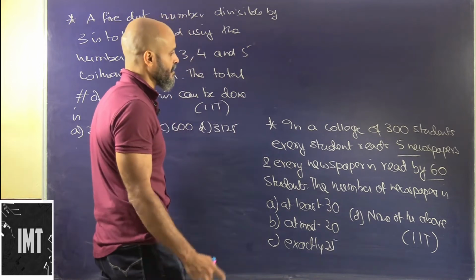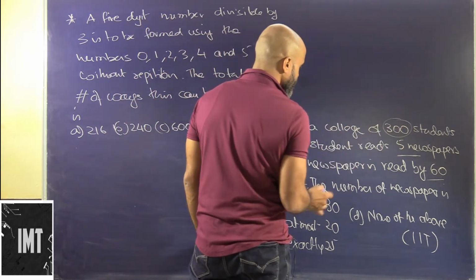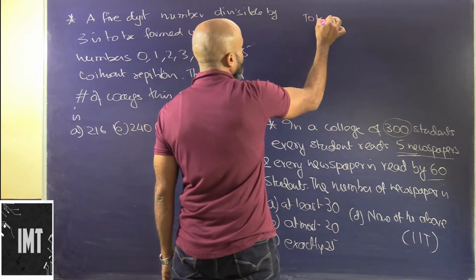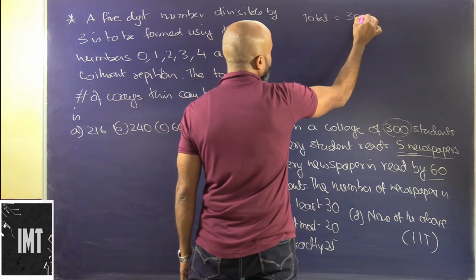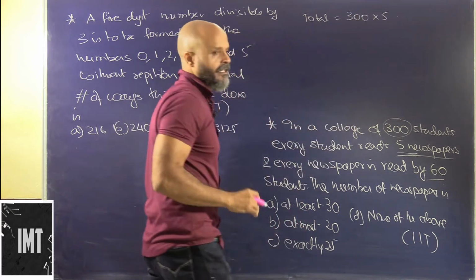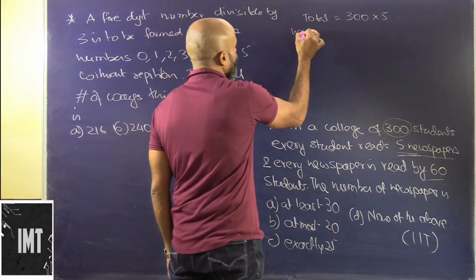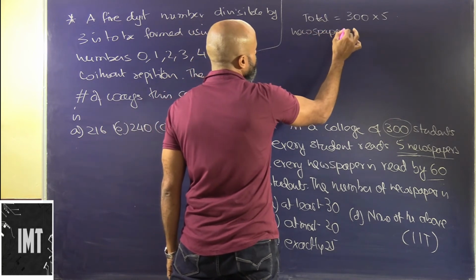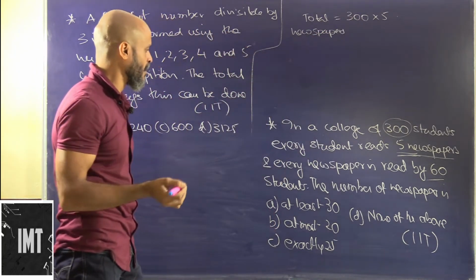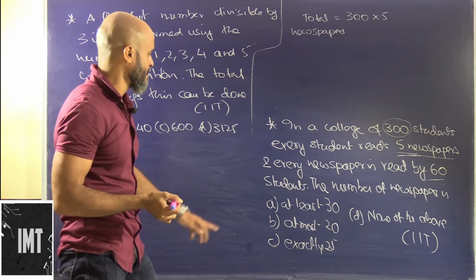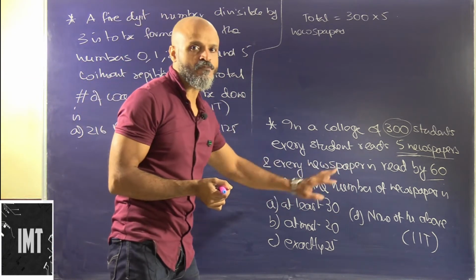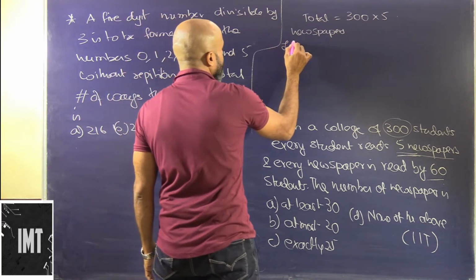So let's look into it. 300 students and every student reads 5 newspapers, so the total will be 300 into 5.